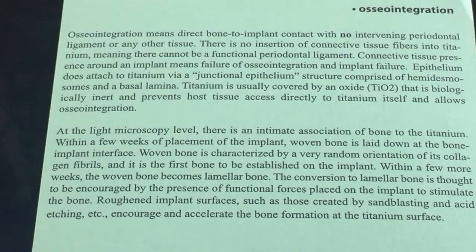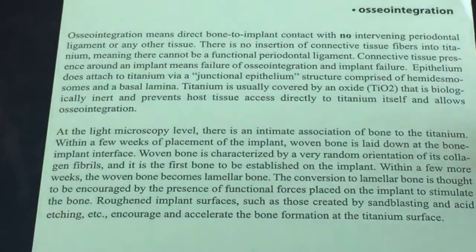The conversion to lamellar bone is thought to be encouraged by functional forces placed on the implant to stimulate the bone. Roughened implant surfaces, such as those created by sandblasting and acid etching, accelerate bone formation at the titanium surface.